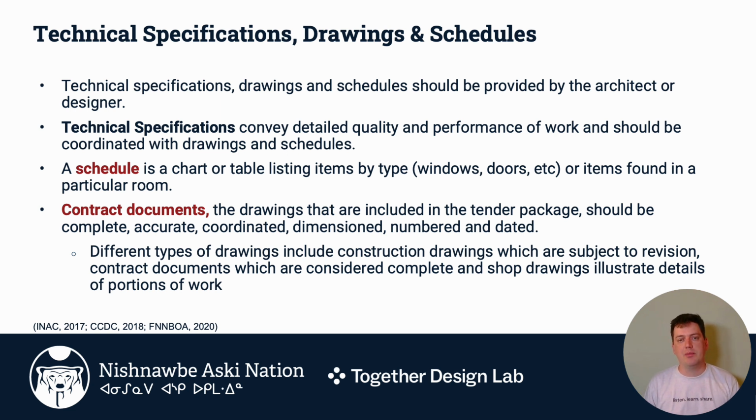We've talked already about how in a design, bid, build tender package situation, your tender package should have things like technical specifications, drawings, and schedules, and schedules in this case refers to a kind of chart or table that has a list of all the windows or doors or specialty products that will be included.